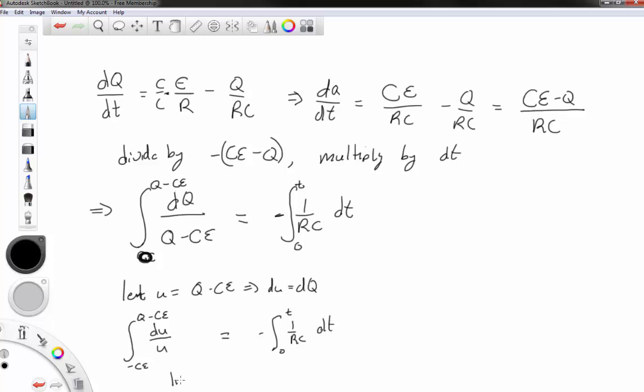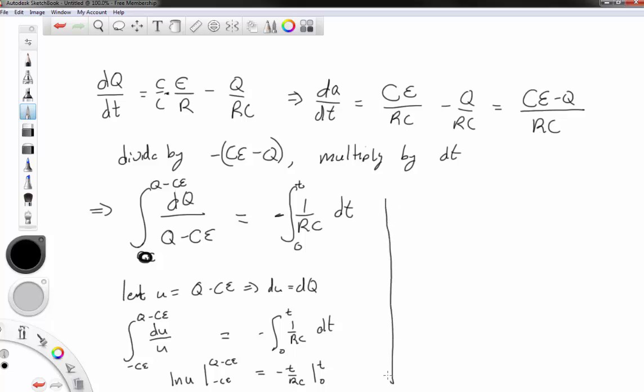And so this gives us the natural log of u from negative C epsilon up to q minus C epsilon, and that's equal to negative t over RC from 0 to t.